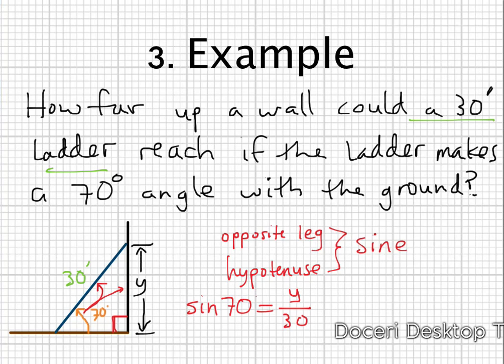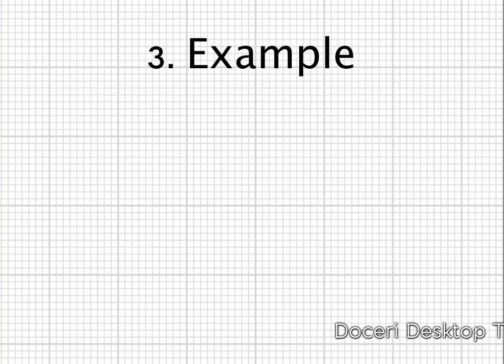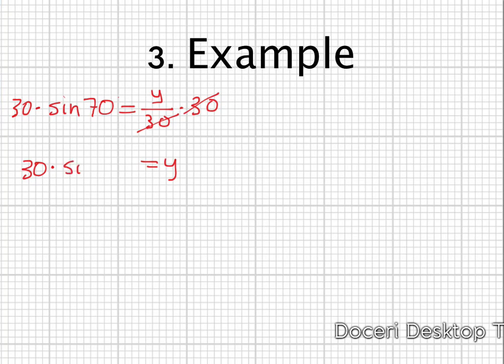To get y by itself, I'm going to copy this onto a new slide, so bear with me. My first step would be to multiply both sides by 30. That cancels the 30 on the right, so all I'm left with is y equal to 30 times the sine of 70 degrees.